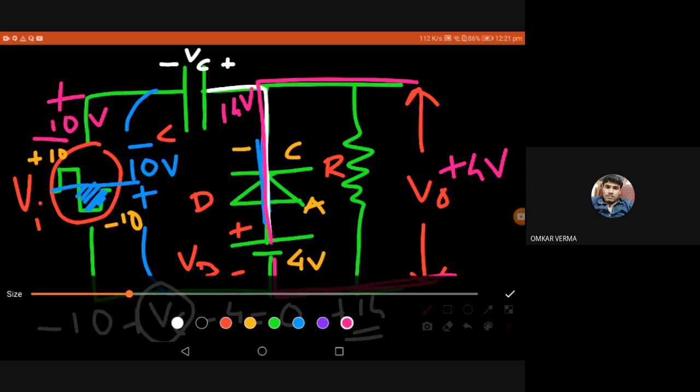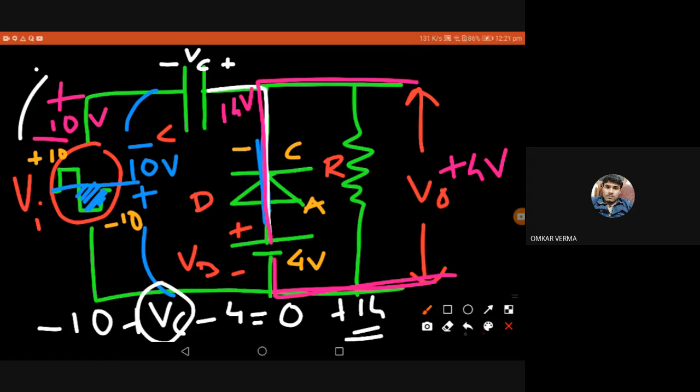So we can see both will be adding on to each other. If you see the direction here also, you can see minus plus minus plus. Okay. So what will be the output? Here will be plus, here will be minus. That will be V0. How much? 14, sorry, 24 volt.